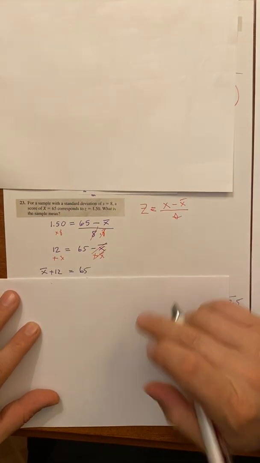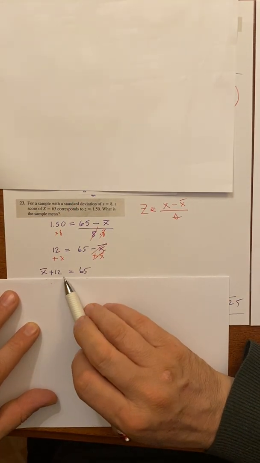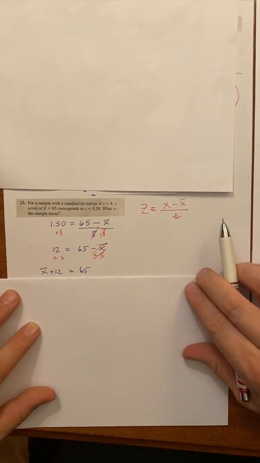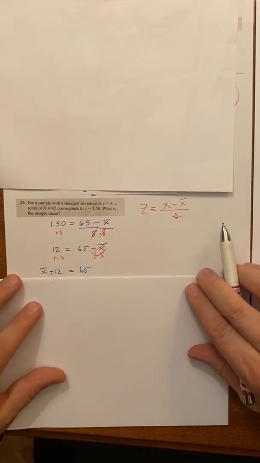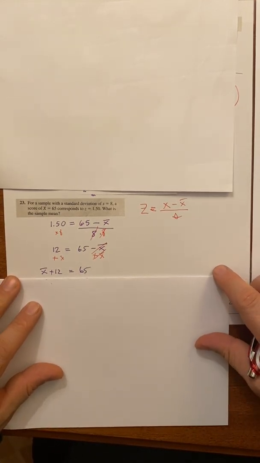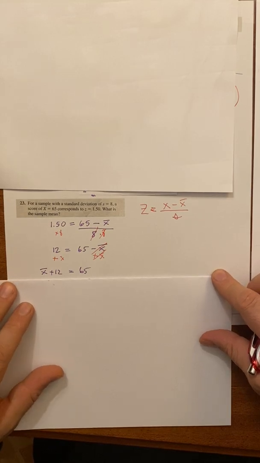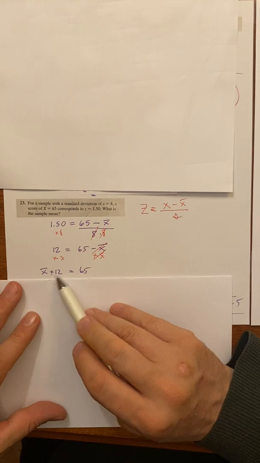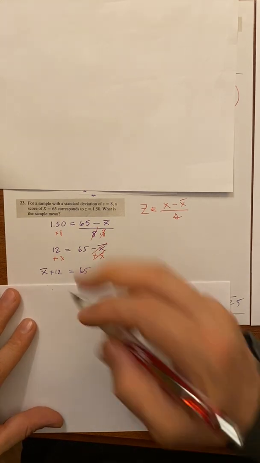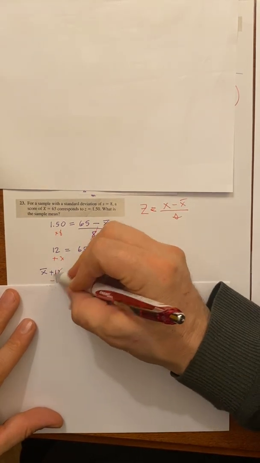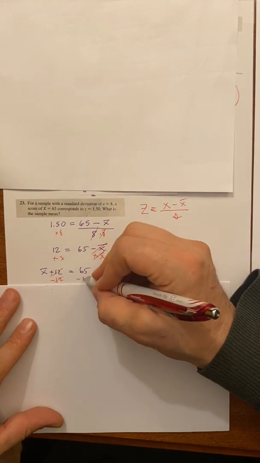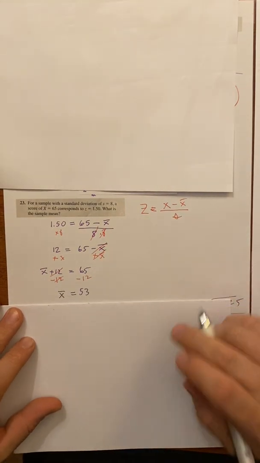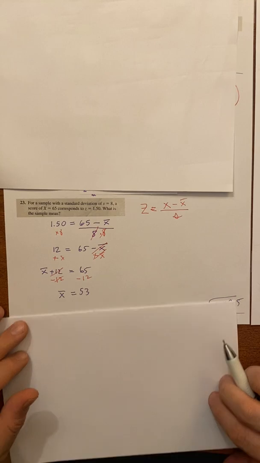So we end up with x bar plus 12 equals 65. From here now, I can engage in my easy algebraic functions. I want to get rid of that 12. Right now it's part of an addition problem, so I'm going to subtract it out, cancels on that side, subtract it out on this side, and so that gives me an x bar of 53.